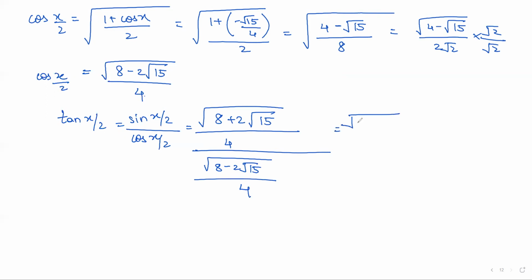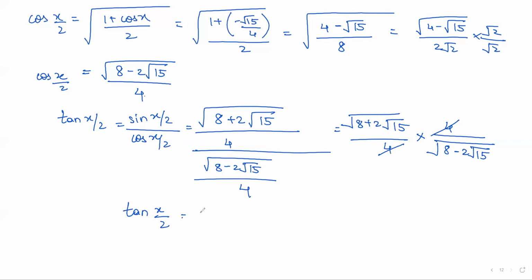This will be equal to root of (8 plus 2 root 15) upon 4 multiplied by 4 upon root of (8 minus 2 root 15). 4 will get cancelled, and you have tan x by 2 equal to root of (8 plus 2 root 15) upon root of (8 minus 2 root 15).